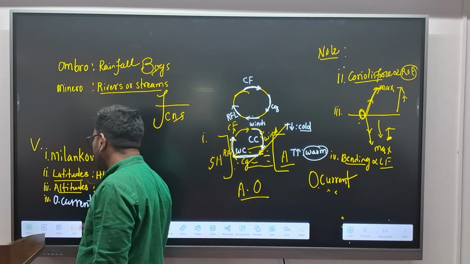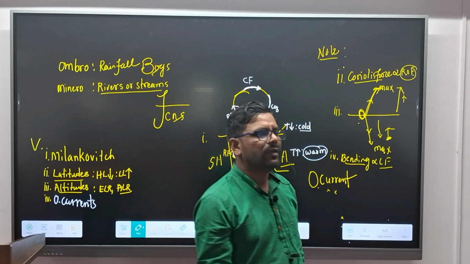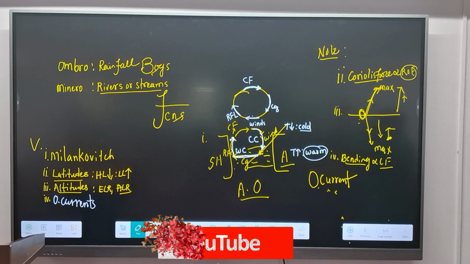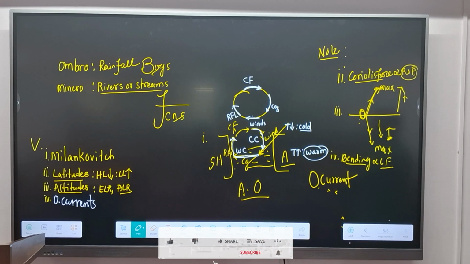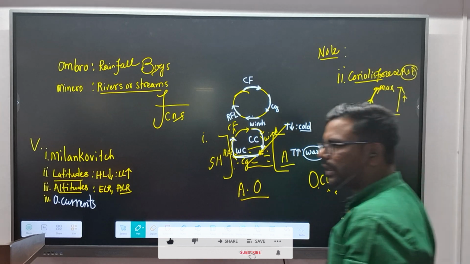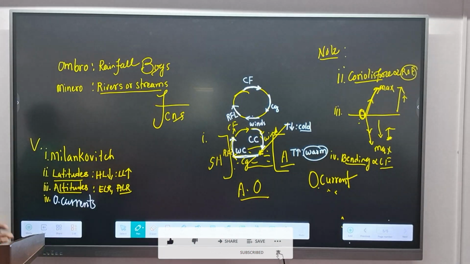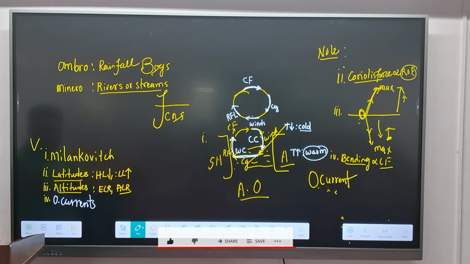Oceanic currents are again agents in distributing oceanic temperature. So they decide the oceanic temperature, or whatever the temperature. Understood? Fourth.